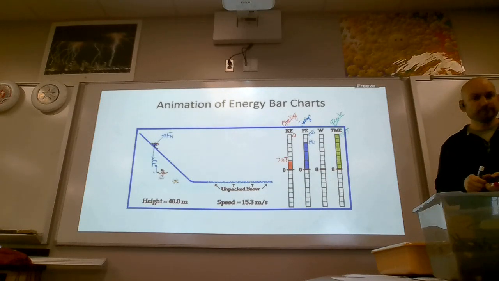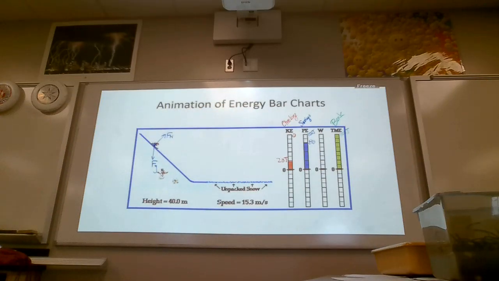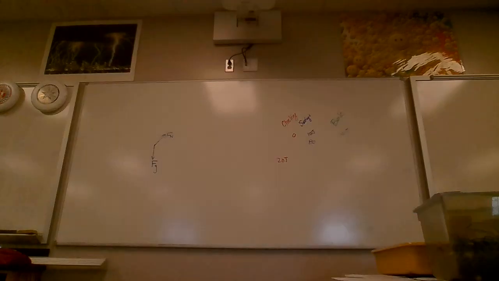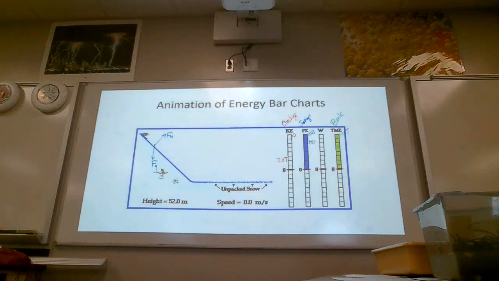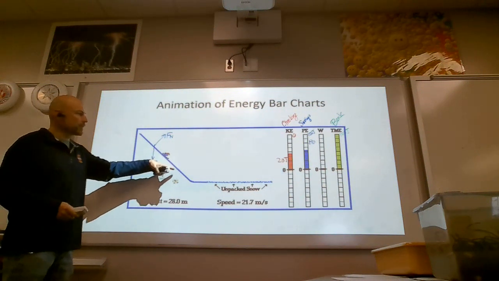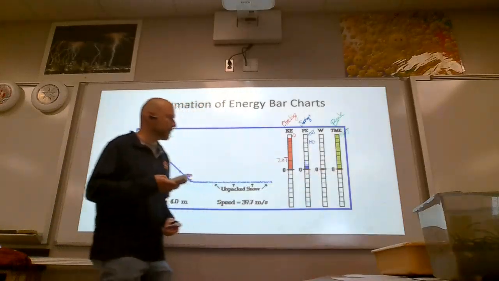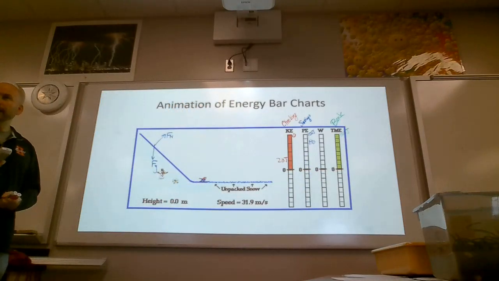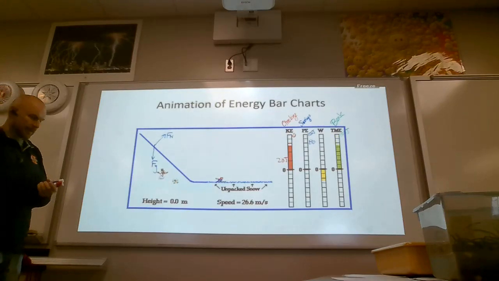Good with that? Okay. So as it goes down the hill, it's decreasing potential, increasing kinetic, but at every point in time, the mechanical energy remains conserved until we hit the bottom.